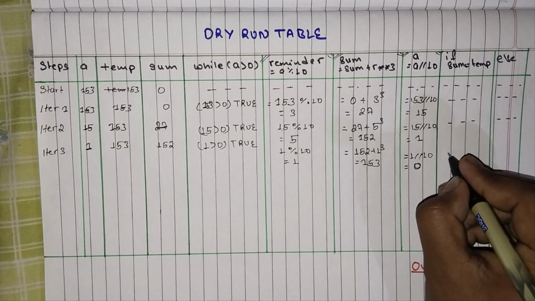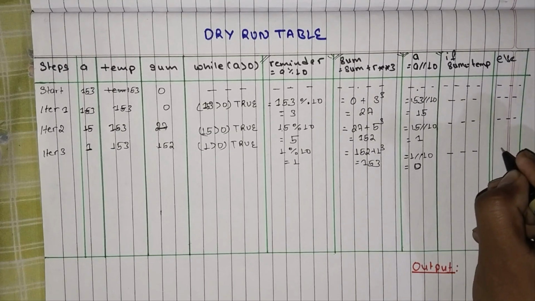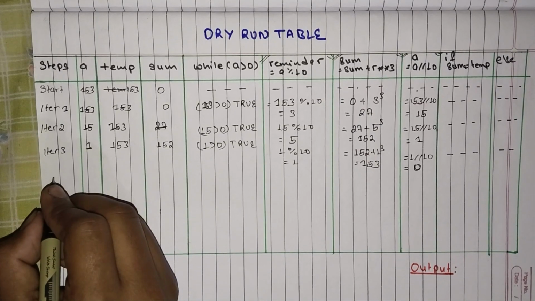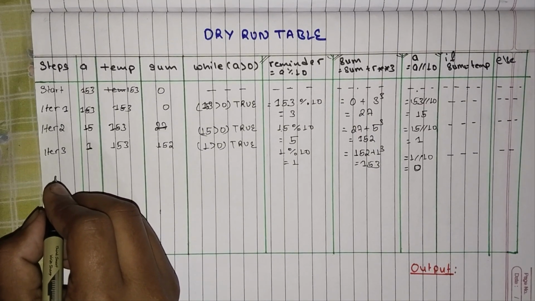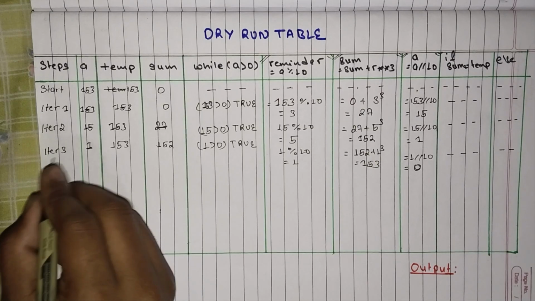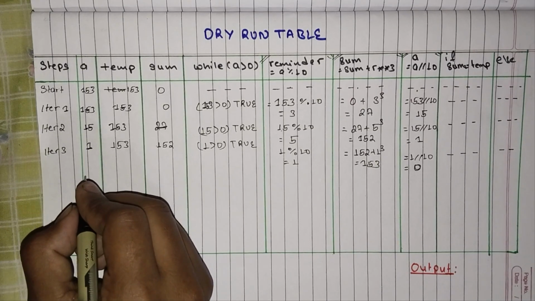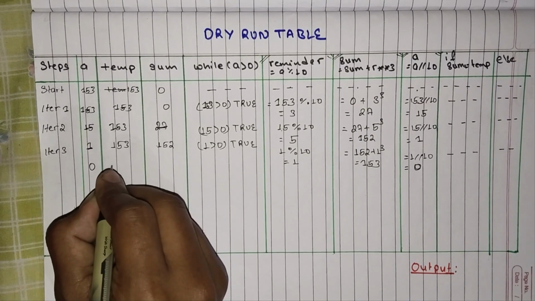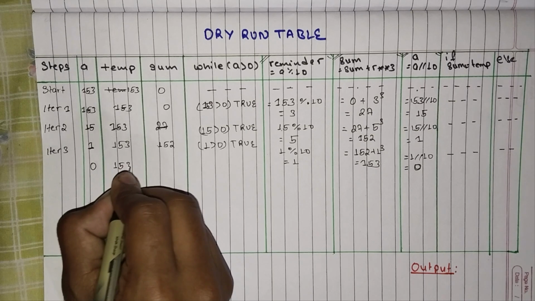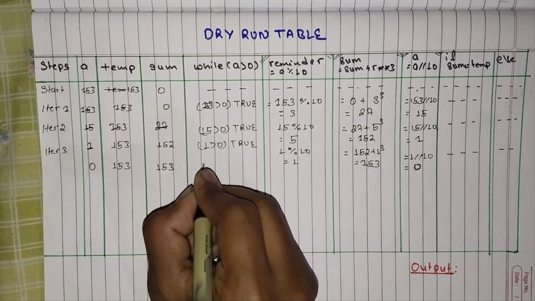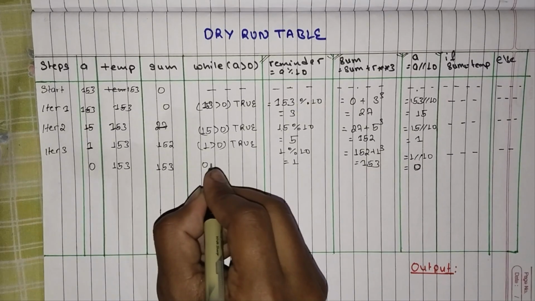And again it will not go outside of the loop, so you can write dash over here. And if we come over here, let's not write anything over here in the first step. And again the value will be 0. Now 153, and sum is 153. Is 0 greater than 0?